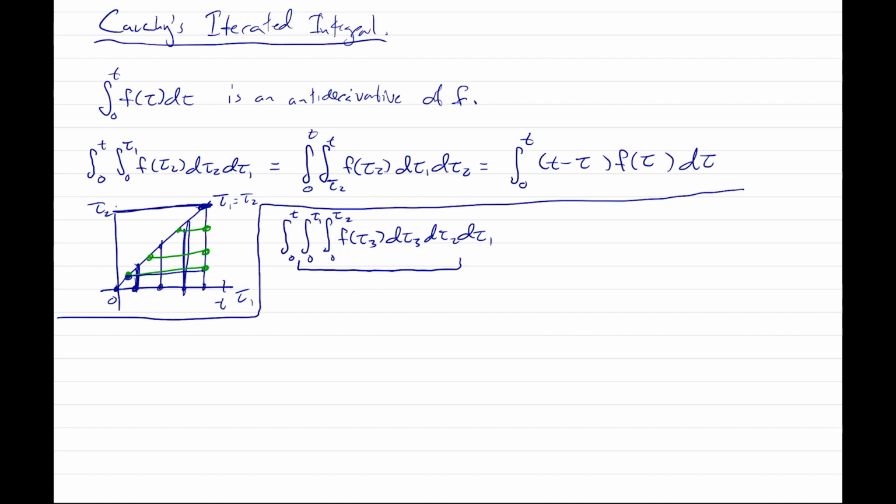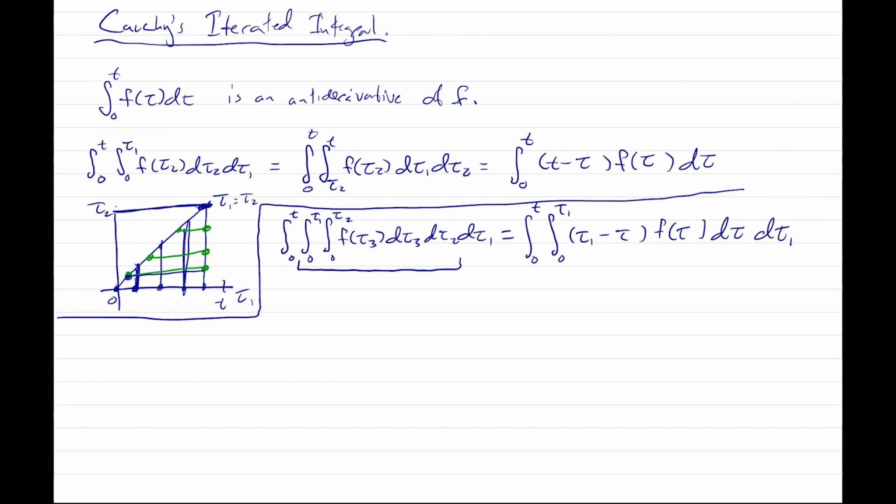Okay, so now let's see. So what we can do then is we can go ahead and apply the above formula we just did. So instead of t though, we're going to have tau 1, and so that's going to give us the integral from 0 to tau 1 of tau 1 minus tau something, f of tau something d tau something d tau 1.